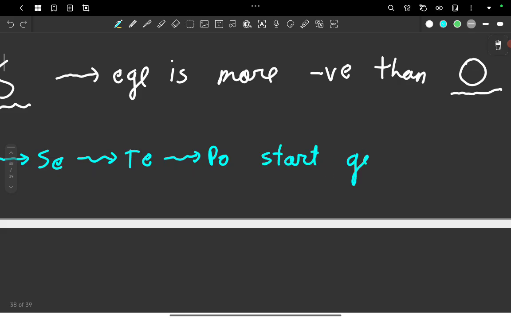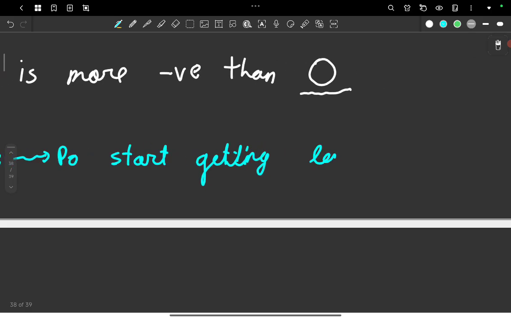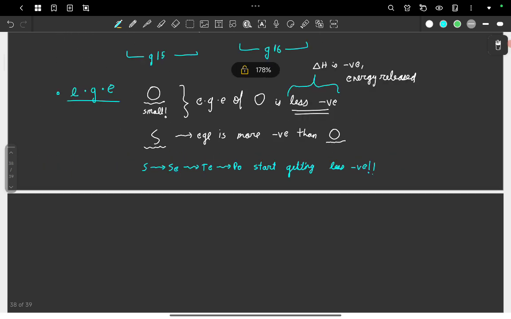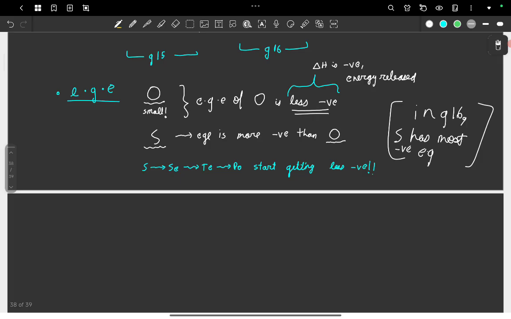So, as a fact, just remember that in group 16, sulfur has the most negative electron gain enthalpy, and hence the highest magnitude of electron gain enthalpy.